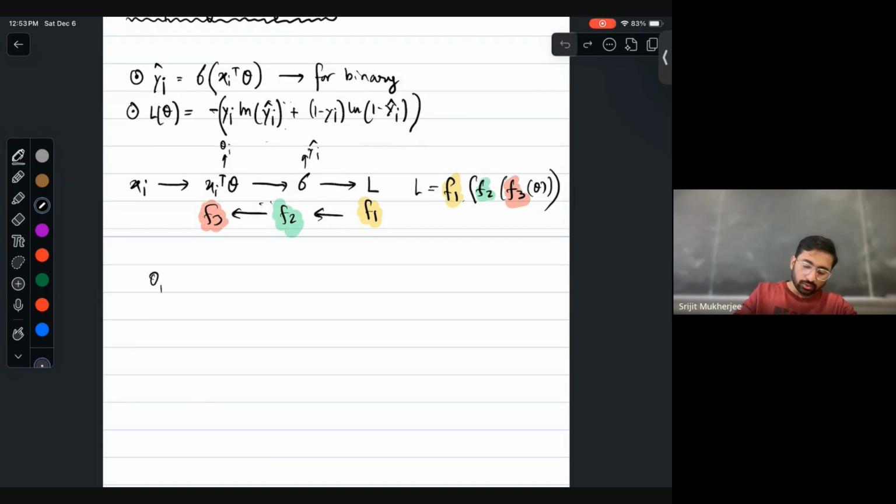Let's define F3. F2 is sigma of F3, which is also yi hat.